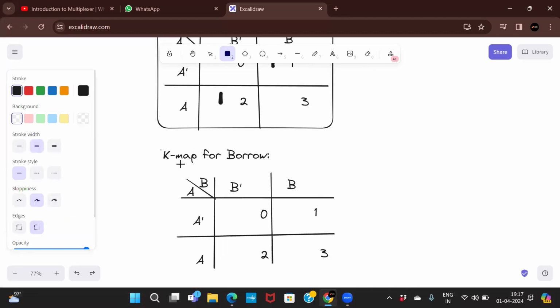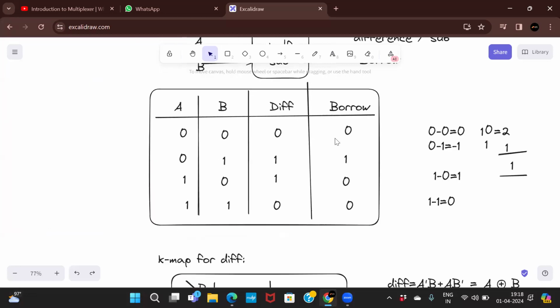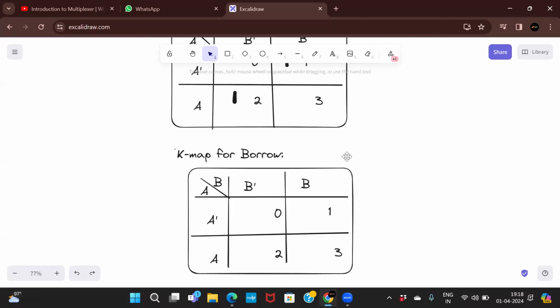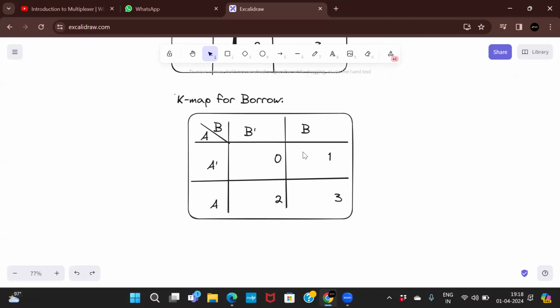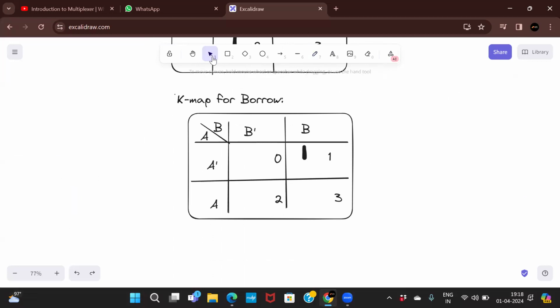This is the K map for borrow. How many ones are there in the borrow? Only one, at cell 1. It is a single one, so we don't need to pair anything.